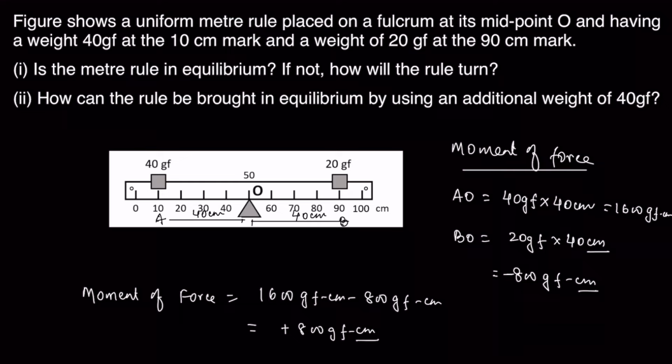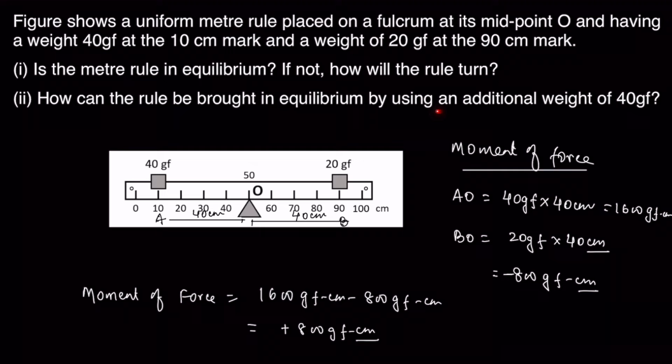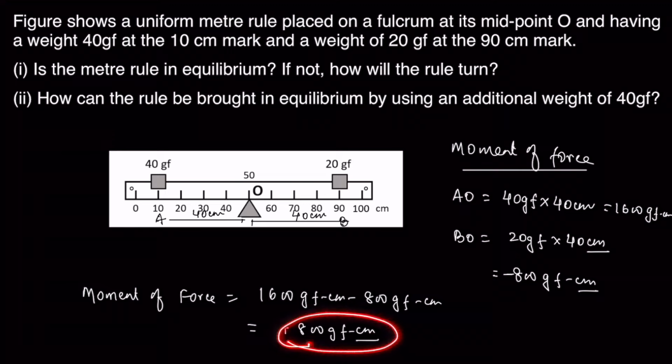In the second part, they are asking how the rule can be brought into equilibrium by using an additional 40 gf weight. So how will we bring the body to equilibrium? We know the moment of force is 800 gf centimeter, and we have to substitute the weight of 40 gf.